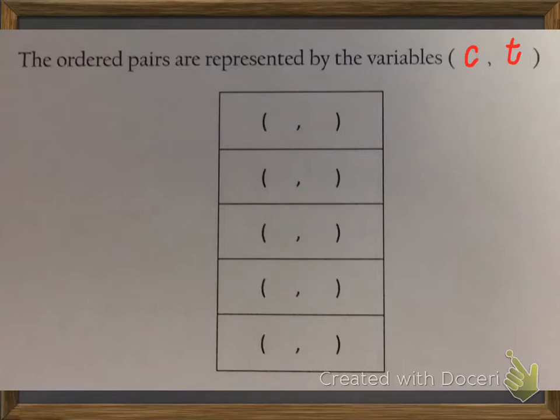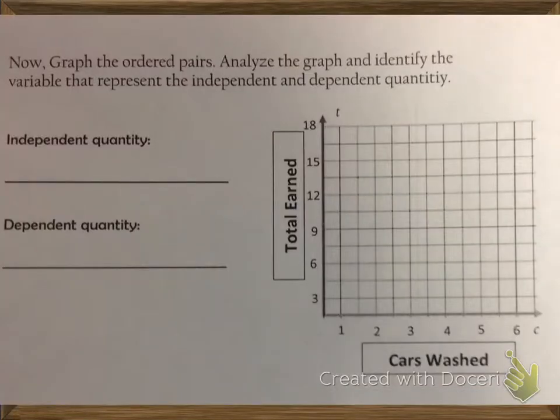I'm also going to place the variables here, C representing our input, T representing our output. That way you know which number goes where. So please press pause and fill out your table and your ordered pairs, and then we will move to this graph.